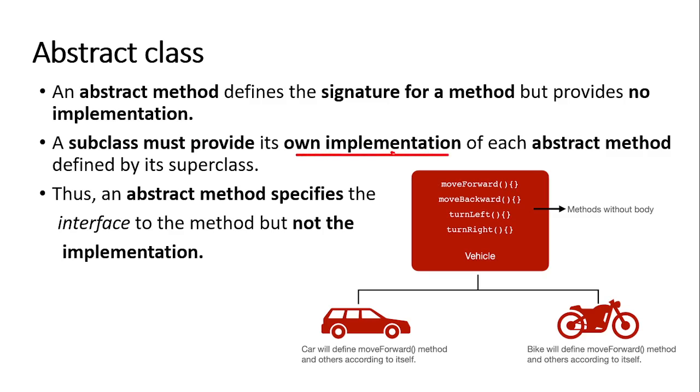Where do we use abstract classes? Just take an example wherein you are deriving a class called vehicle. We know that a vehicle can move forward, move backward, turn left, and turn right. The problem is there are different types of vehicles. We have cars, which have a very different implementation for moving forward, moving backward, turning left and turning right.